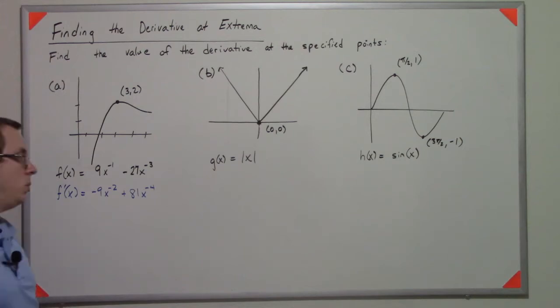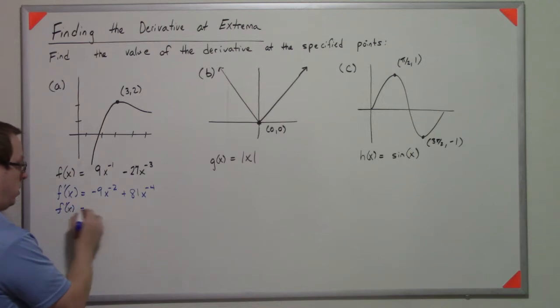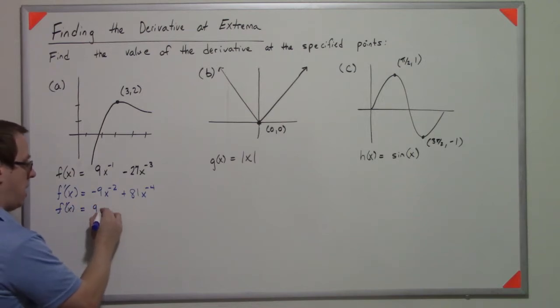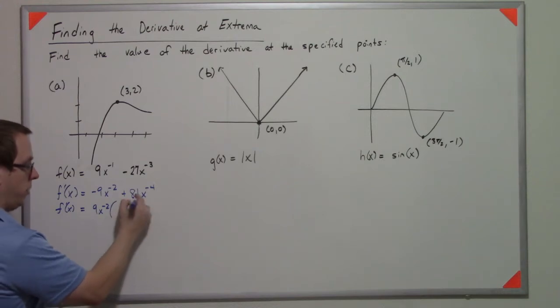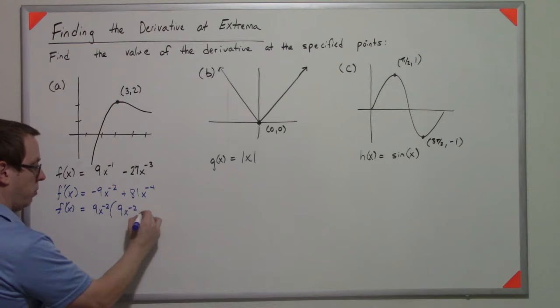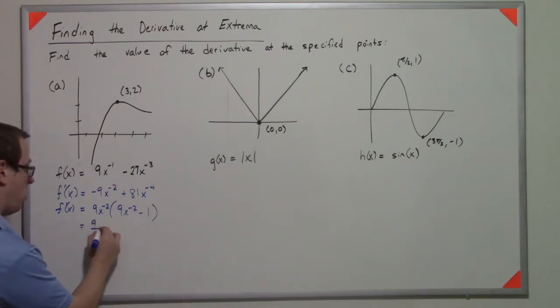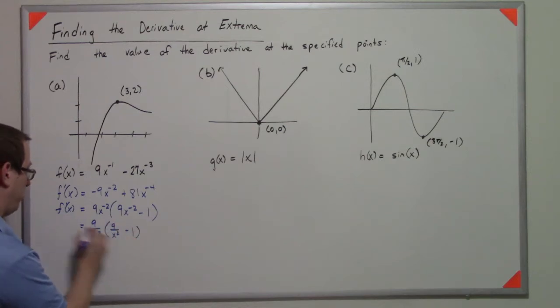Now what I can do is factor out a 9x to the negative 2, which leaves me with 9x to the negative 2 minus 1. So that's 9 over x squared times 9 over x squared minus 1.